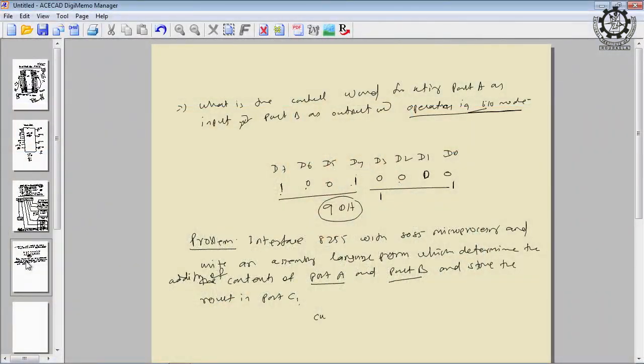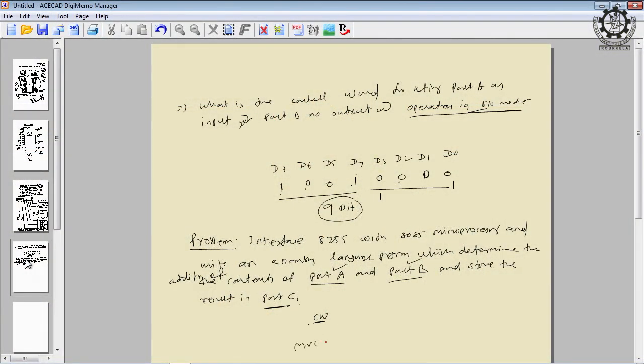You have to set the control word such that port A will be taken as the input port, port B will be taken as the input port, because both the ports will be used for inputting the data. And what should port C be? Port C should be chosen as the output port.